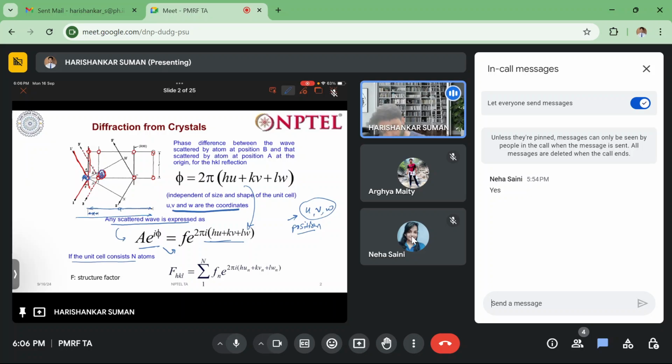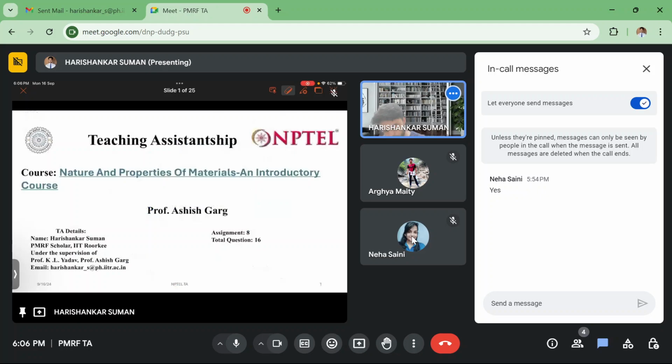If a unit cell consists of N atoms, then we can write, for atoms 1 to N, the structure factor F equals the sum of fn e to the power 2 pi i (hun + kvn + lwn), n equal to 1 to capital N. So this is the structure factor.